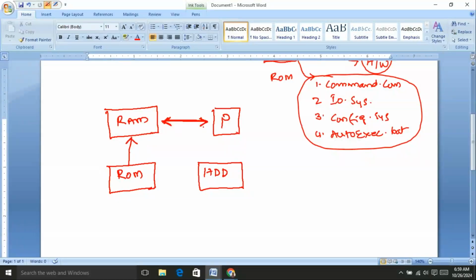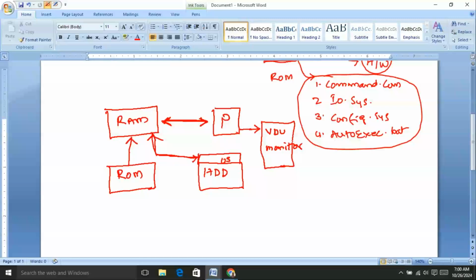Then the processor can identify where the operating system within the hard disk is stored by calculating the address, and with the help of those programs it will access the operating system from the hard disk drive to RAM, and then it will be executed. Then only are we able to see some display on the screen or on the visual display unit or monitor.